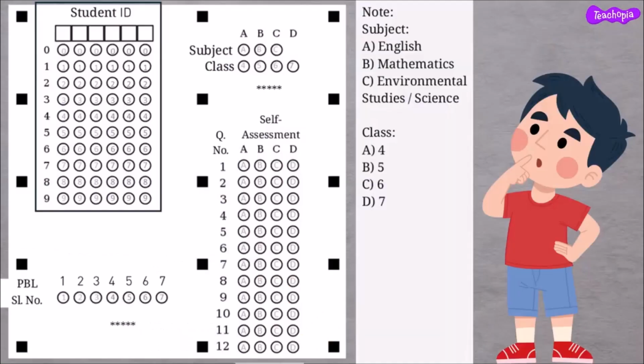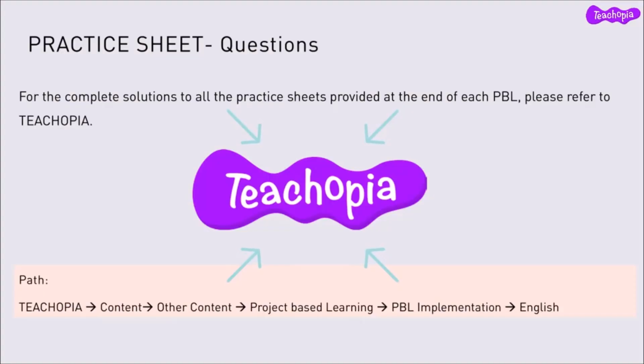They have an OMR sheet as well. For the OMR sheet, the answers from the practice sheets can be bubbled in. For the complete solution to all practice sheets provided at the end of each PBL, you can refer to Teachopia, and the path is given below.